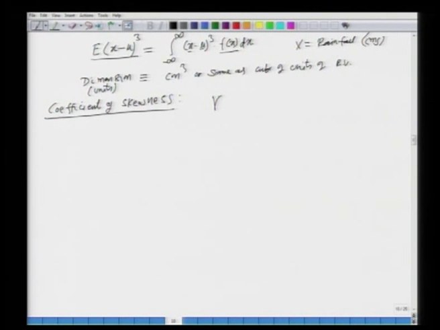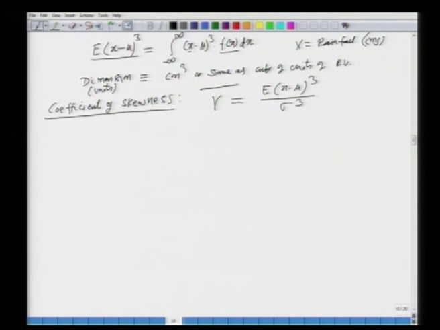Let us say this is the coefficient of skewness, it is defined as gamma. How can you make this expected value x minus mu to the power 3, I divide by a quantity which has units of same as the numerator. All right. So, what I do is this. Okay.